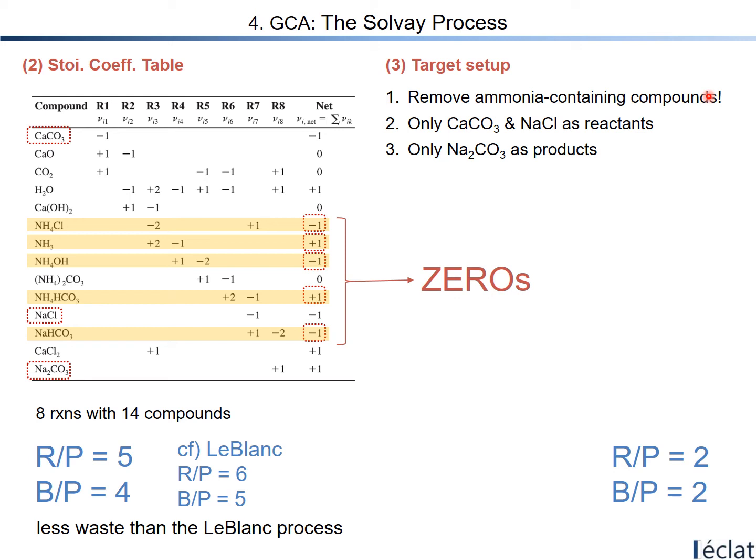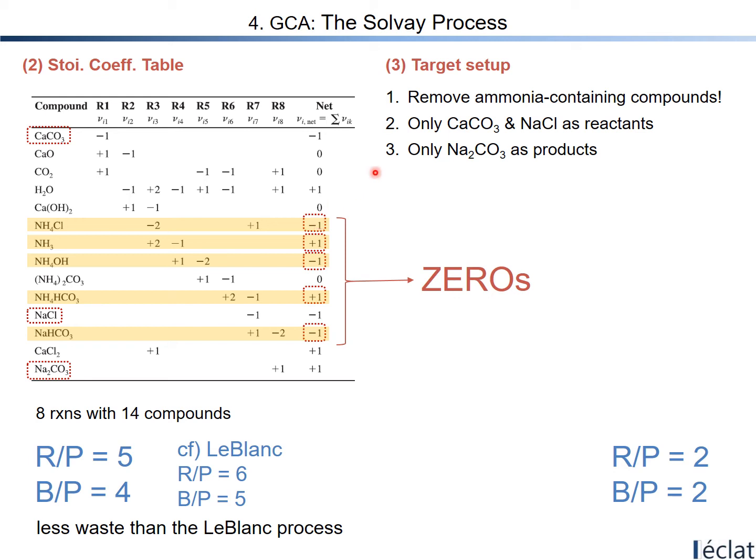So let me check what kind of ammonia containing compounds are in the tables. Ammonium chloride, ammonia, ammonium hydroxide, ammonium carbonate and ammonium bicarbonate. Okay, so I'd like to kill those things, which means these values should go to zeros, just zeros. So net production or net consumption should not be guaranteed.